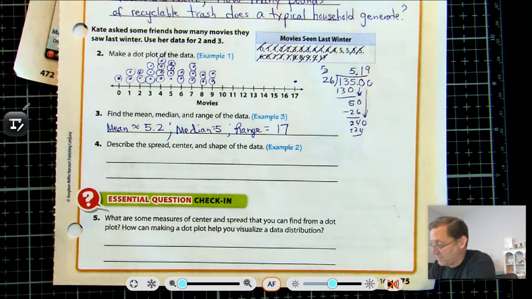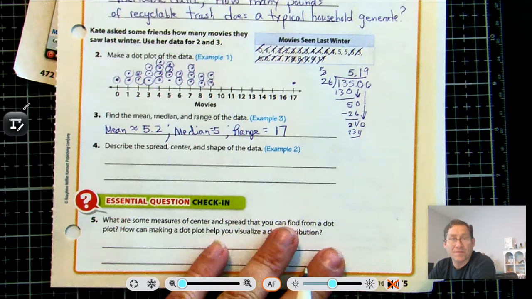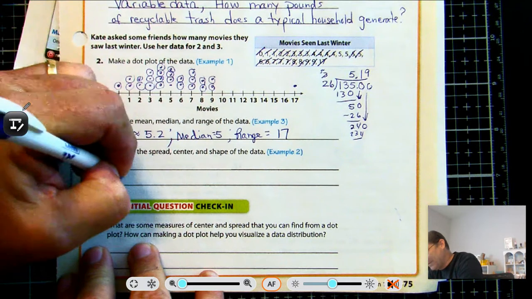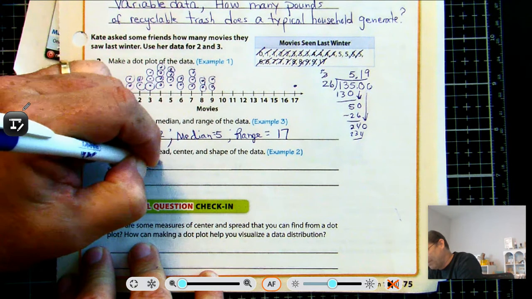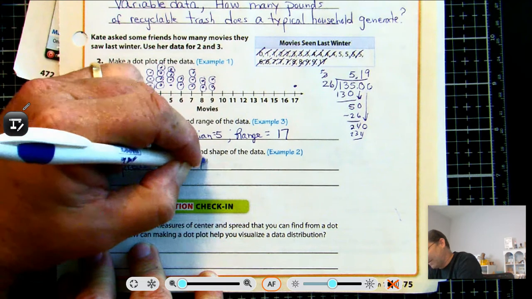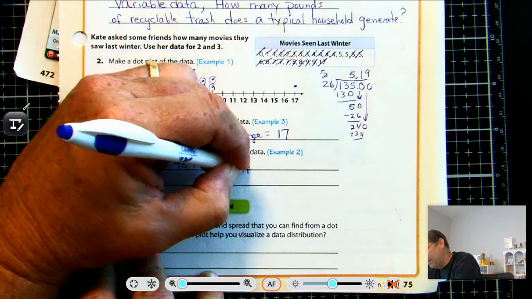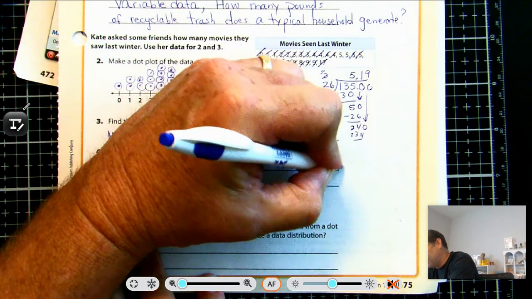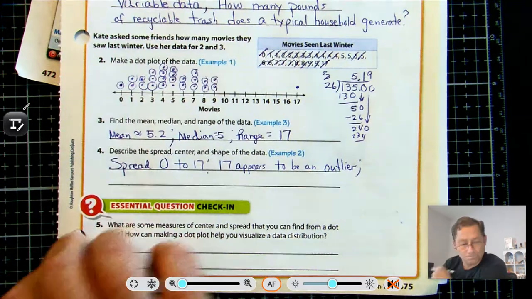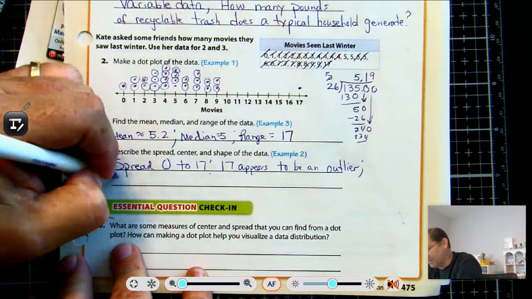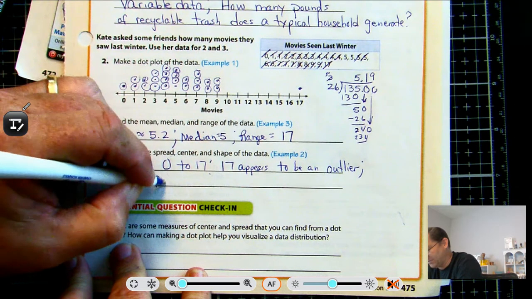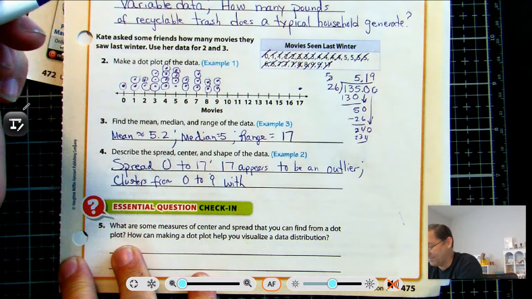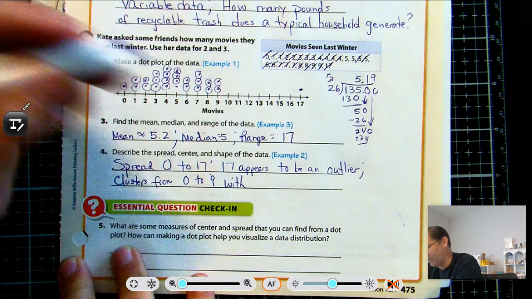Number 4. Describe the spread, center, and shape of the data. The spread is from 0 to 17. 17 appears to be an outlier. The data clusters from 0 to 9 with a peak at 4 and 5.